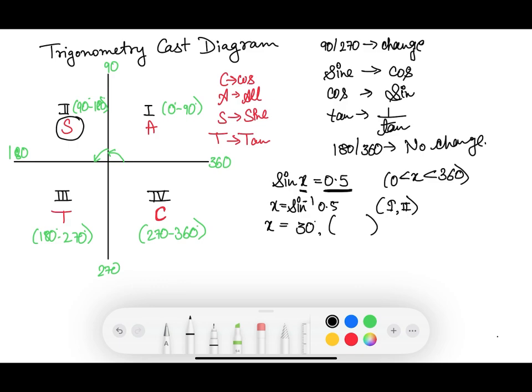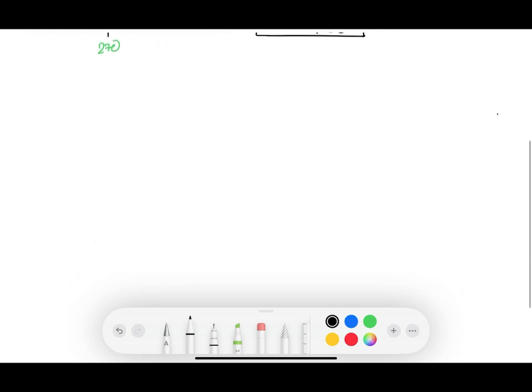So what we will be doing is 180 minus 30, which is 150. So the value of x will be 30 and 150 in this range. I hope that's clear. Now let's do another question.